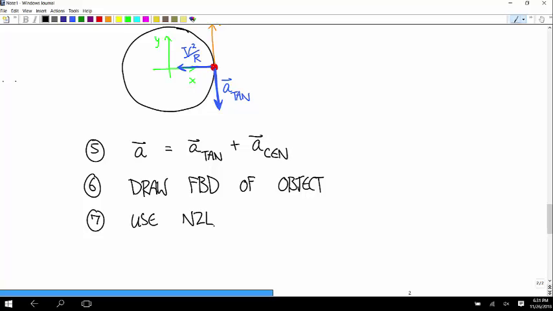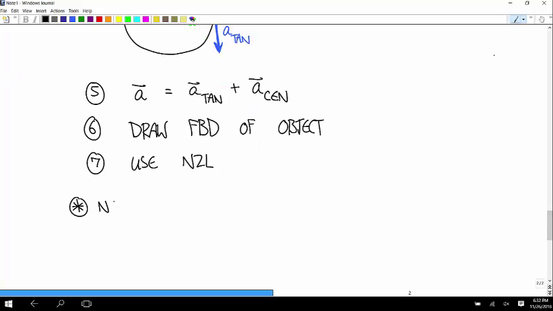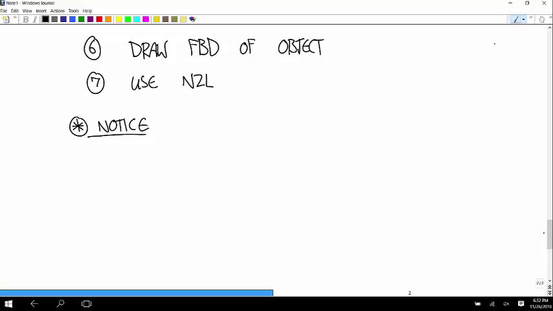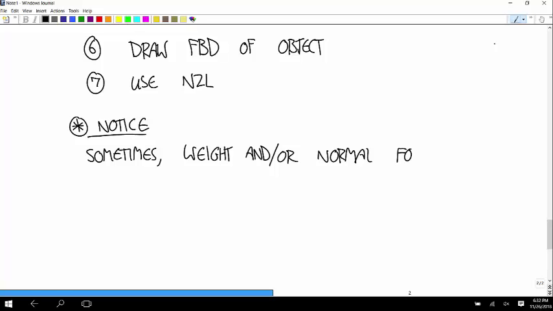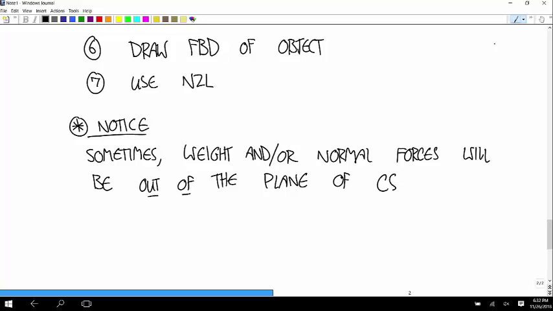So Newton's second law. One thing to notice with the free body diagram, and this hasn't happened in any topic yet, but sometimes weight and/or normal forces will be out of plane of the chosen coordinate system.